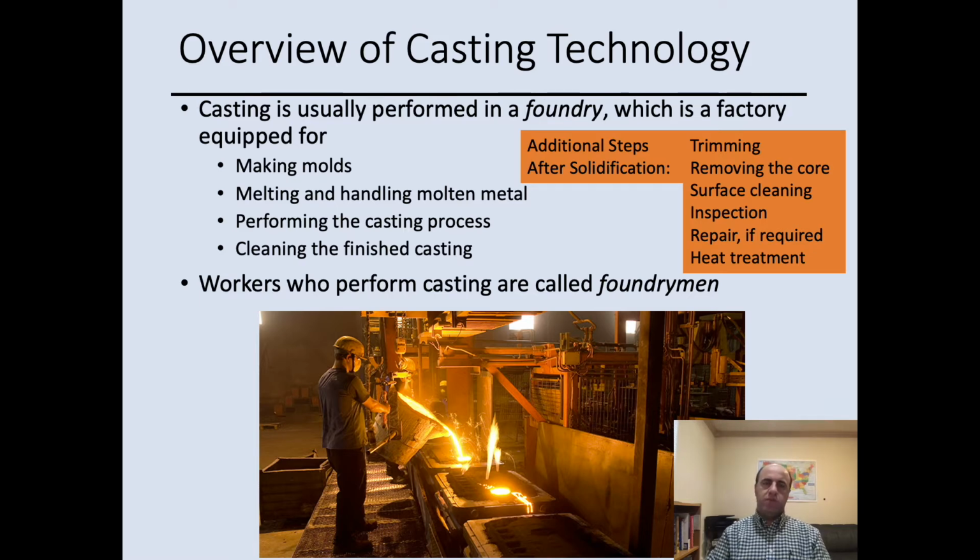So the metal is going to be transformed from solid to liquid, and then we need some heat to raise the molten metal to the desired temperature for the pouring section.